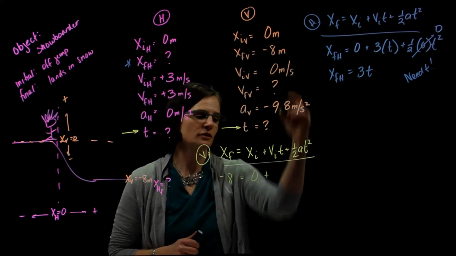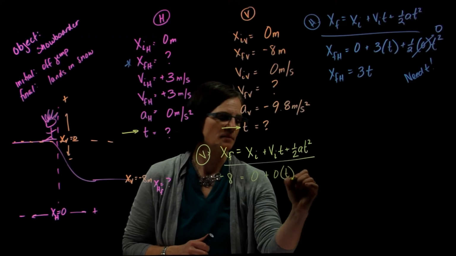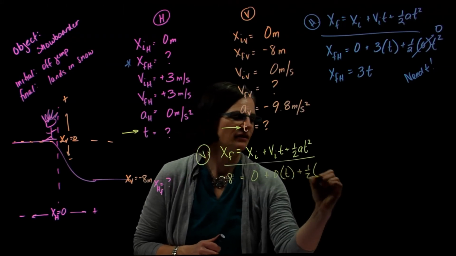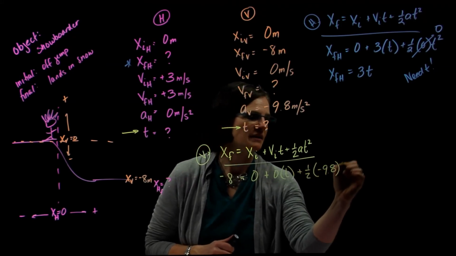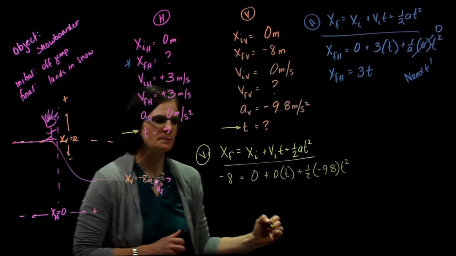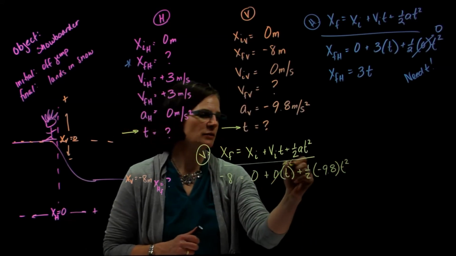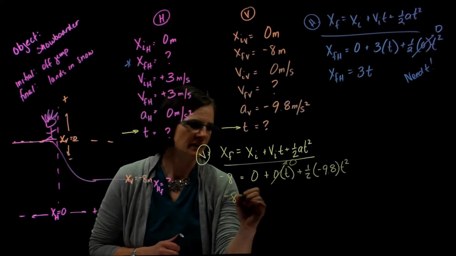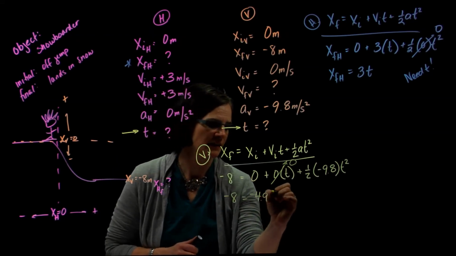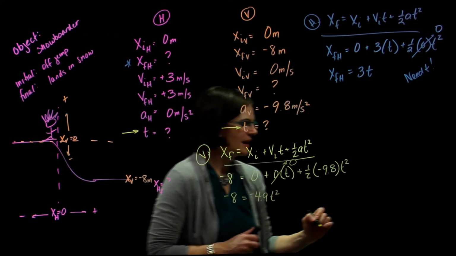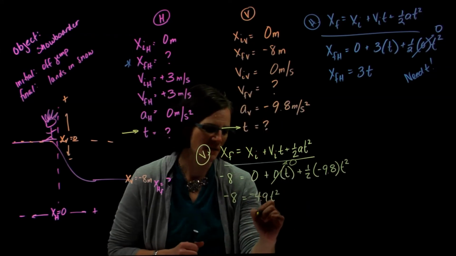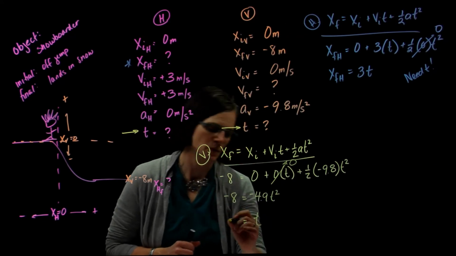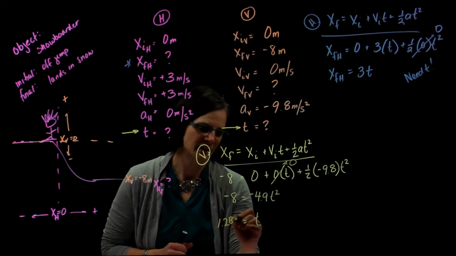My initial vertical velocity is 0 times my time plus 1/2 negative 9.8 times my time squared. All right, anything related to or multiplied by 0 is going to give me 0. And I end up with negative 8 equals minus 4.9 times time squared. And doing my algebra, I will end up with a time equal to 1.28 seconds.